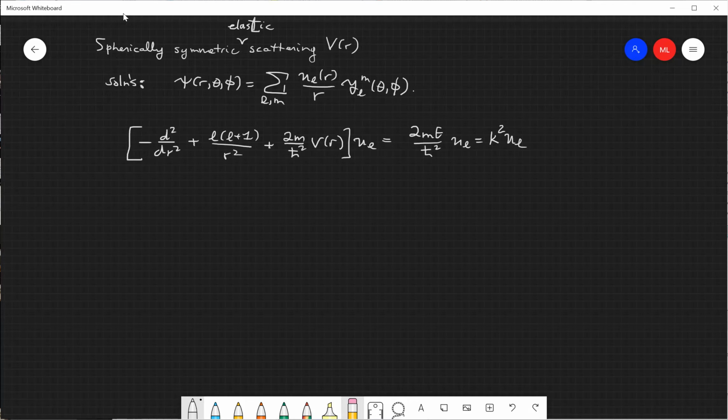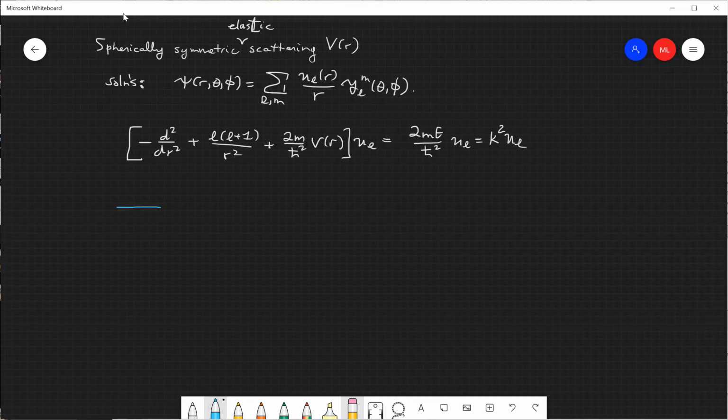Okay, so what else do we know? We know that the actual scattering problem itself for a spherically symmetric potential will also have some cylindrical symmetry. There is nothing in the problem to specify the phi direction.